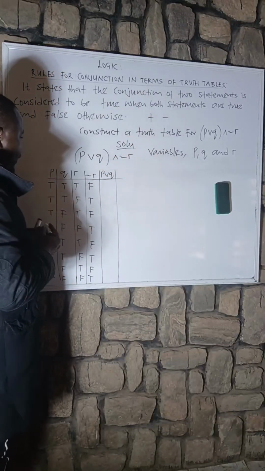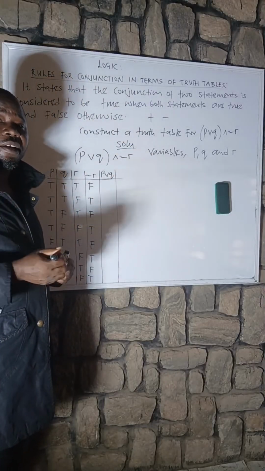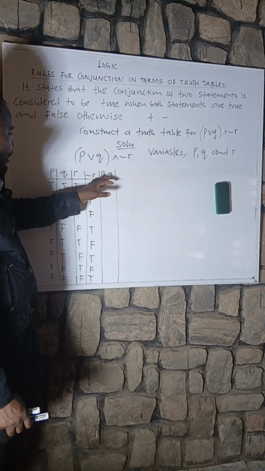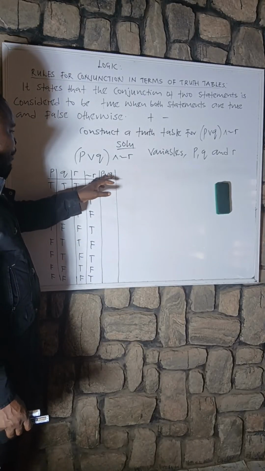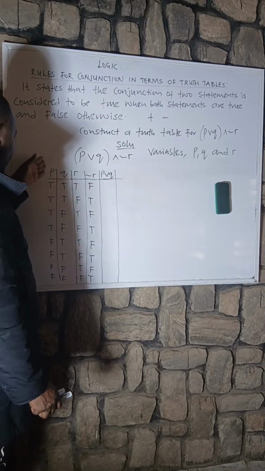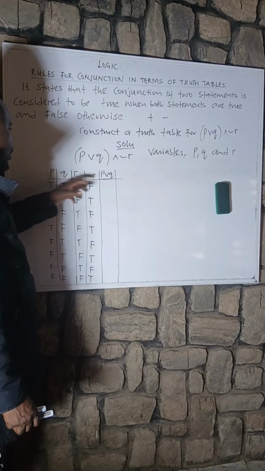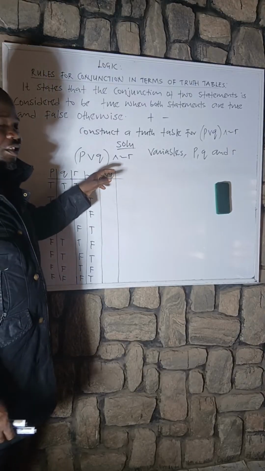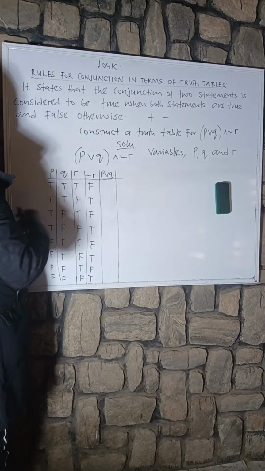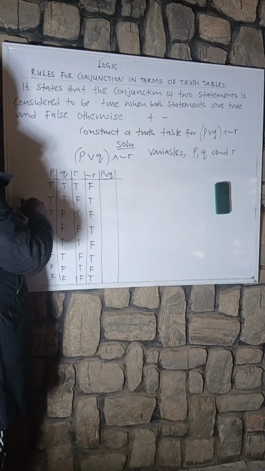Always be careful whenever you are constructing a truth table. Mind you, here is P and Q, not arrow, so you must come to these two columns, P and Q. So we are talking about P and Q.